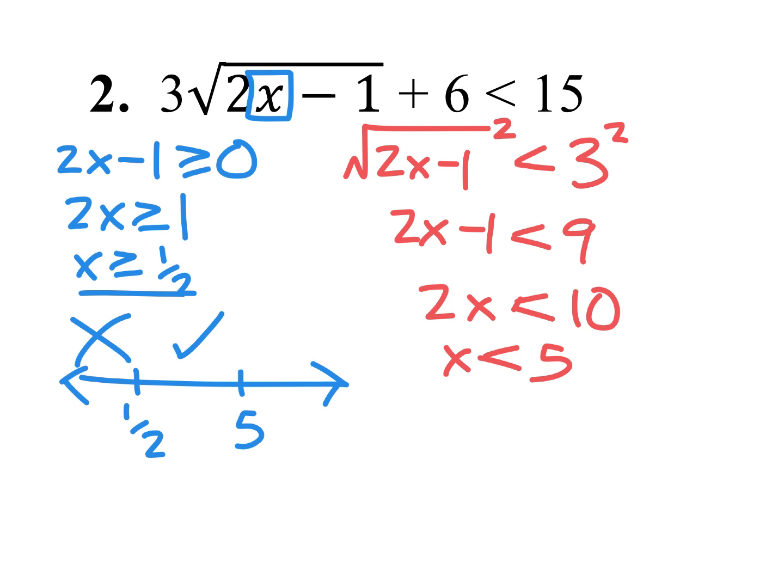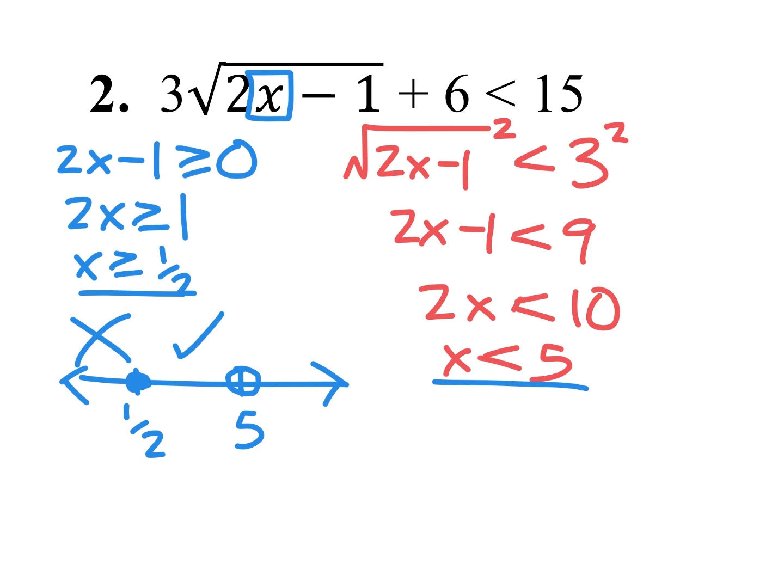And now I'm going to put my circles. This was a closed circle. This one was an open circle because it came from over here. All right, so now we have to plug in something big. I mentioned earlier, I like to just pretend I'm plugging in a really big number like 1,000,000.